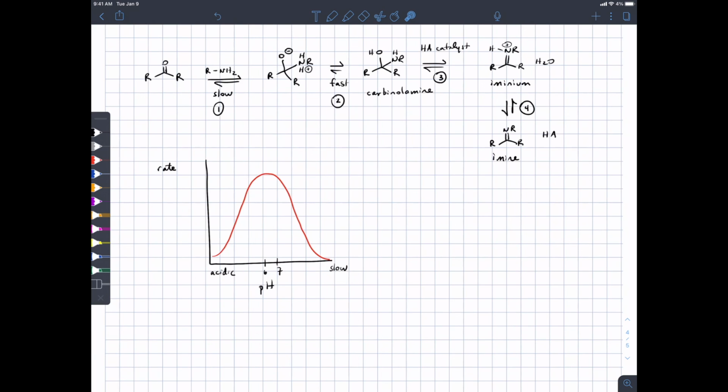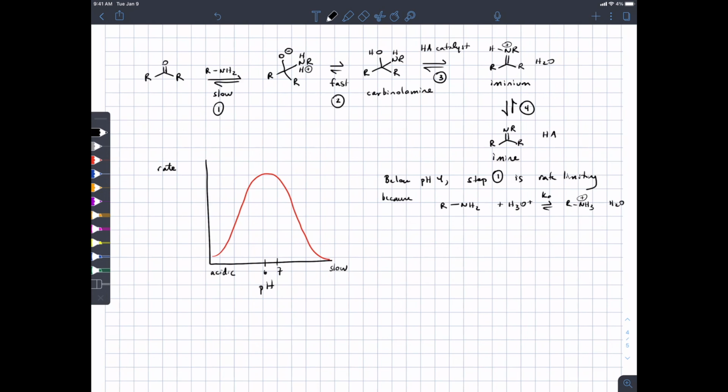So let's see. Below pH 4-ish, step 1 is rate limiting, slow. And the reason for that is because of the equilibrium between the amino group and H3O plus with the conjugate acid of the amino group, the ammonium, and H2O, right?